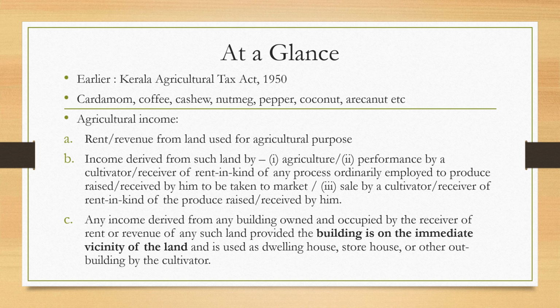Now, the third one is any income derived from such land by the sale by the cultivator or receiver of rent in kind of produce raised or received by him.